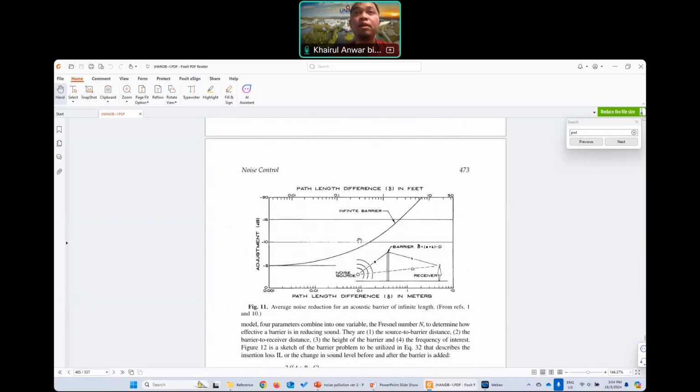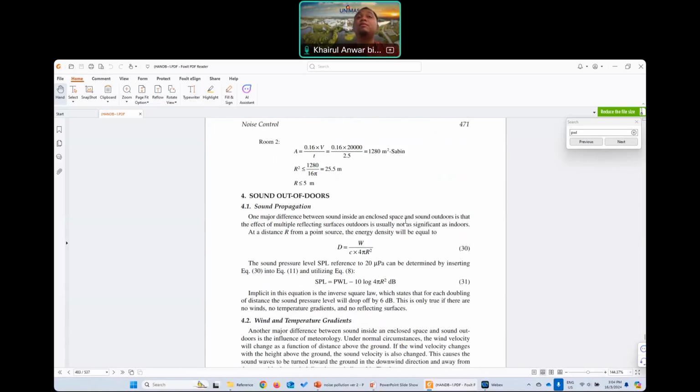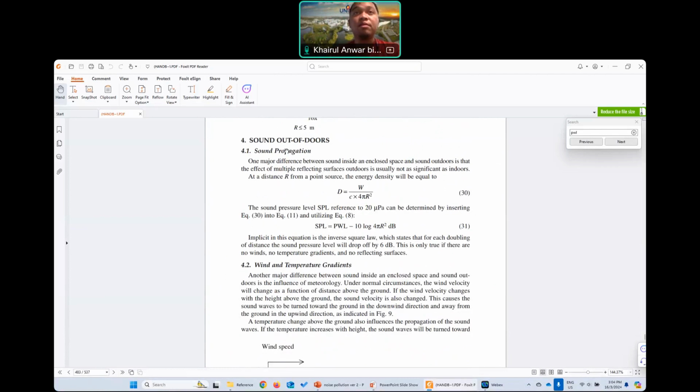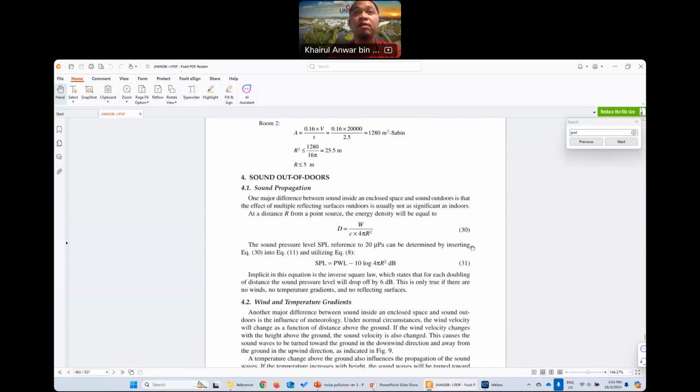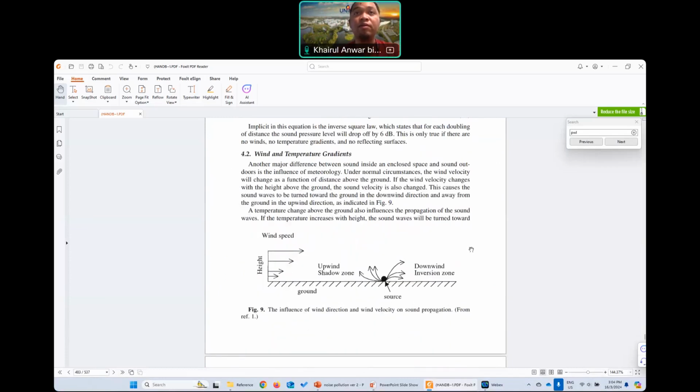In this book, you can easily go through the sound outdoor. I just cover sound indoor. Page 471 actually reads about sound outdoor.